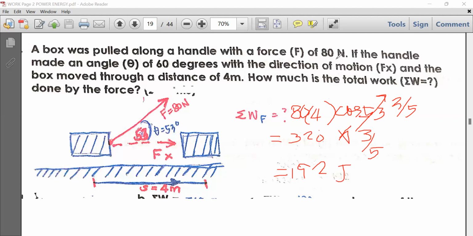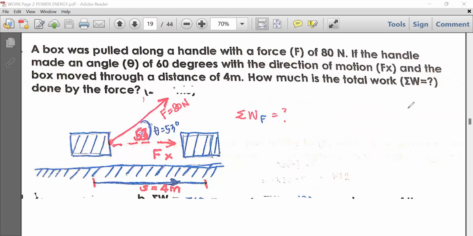Okay, let's save that. Then clear. Let's go to the next problem.